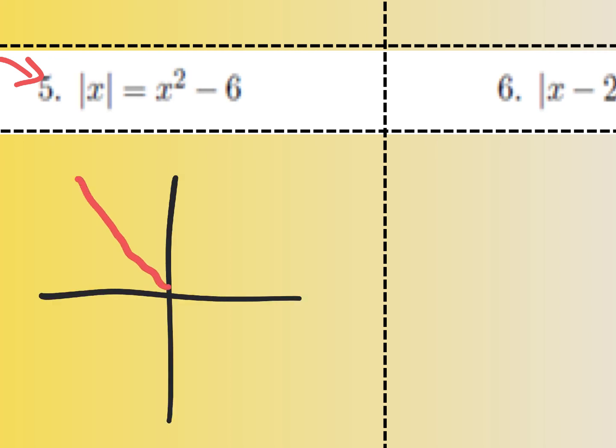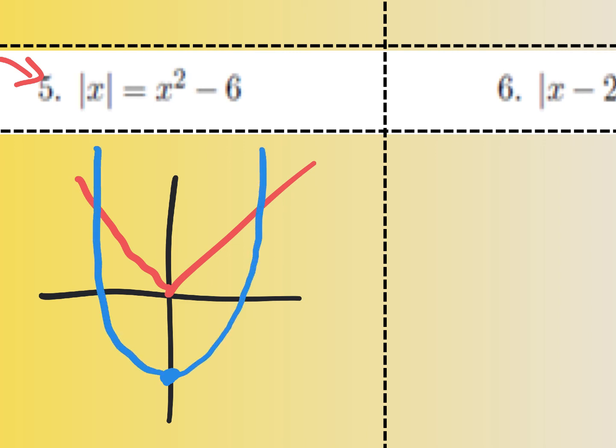You also graph your x squared minus 6. And I know you guys don't know for sure exactly where that's going to go, but would you agree it touches down here at -6 is its y-intercept, or x equals 0? Okay, and then it's got some sort of a curve up this way, and eventually they'll touch, won't they? Do you get that you're going to have two answers then? Cool. Doesn't tell me what they are, but at least I know for sure there's only two answers to that.